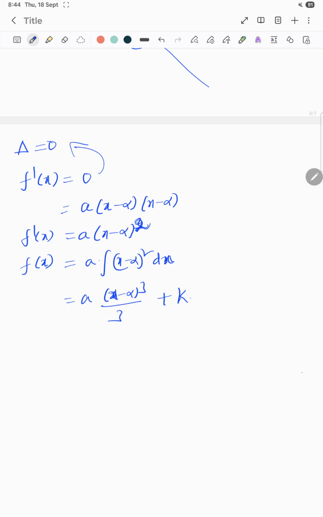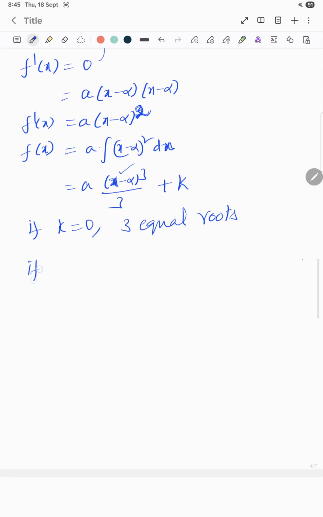This is the f of x we got. If k is equal to 0, f of x will have 3 equal real roots.